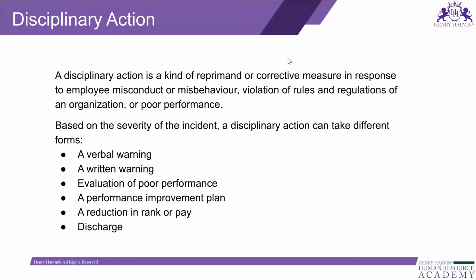So we are sorry to inform you that we are going to take a disciplinary action against you. Like that, a written warning will be given. So even after getting a written warning, if the employee is not obeying the rules and regulations, then disciplinary action will be taken. How will the disciplinary action be taken?